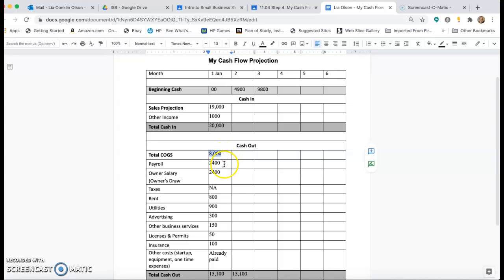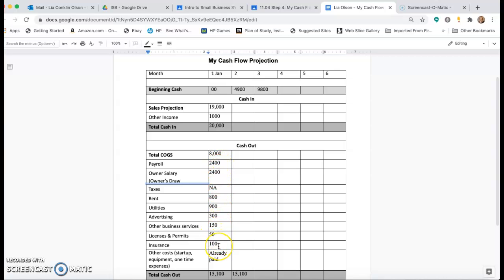All right? Then I have payroll. Let's say I have 1 employee at full time for $2,400. Let's say I'm going to pay myself the same. That's my owner's draw or owner salary. And then let's say I'm not going to worry about taxes because I don't know what kind of profit I have yet. Rent is this, utilities, advertising, all of these are my fixed costs.